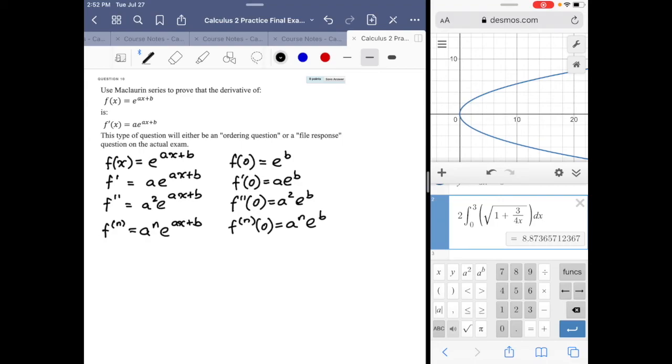So now we can do this a couple of different ways like we did in the previous one. We could start off with just our knowledge of e to the x, which is 1 plus x plus 1 over 2 factorial x squared plus 1 over 3 factorial x cubed, and so on. Poor quality 3, let me fix that.